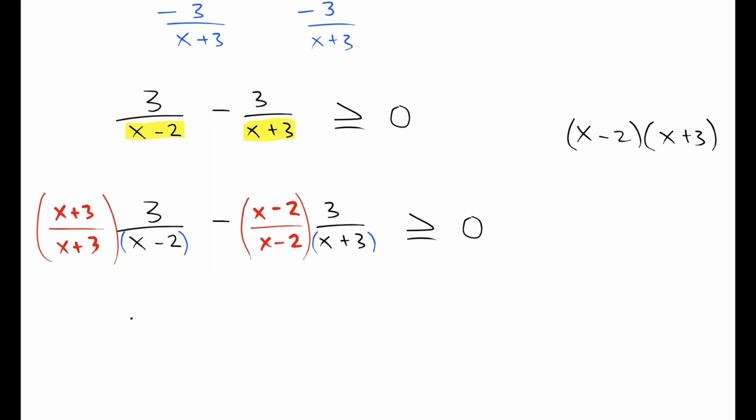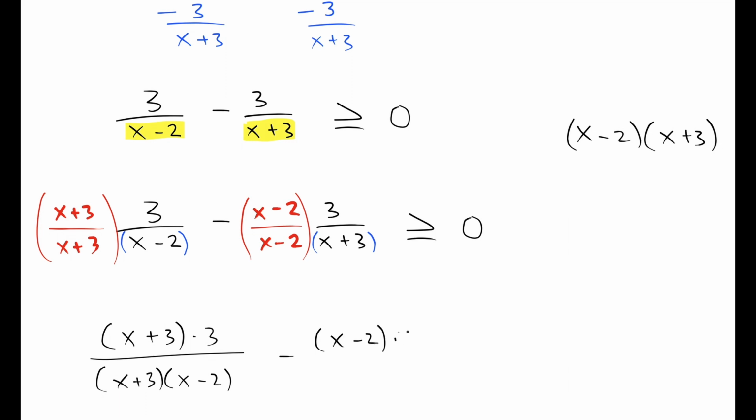So what are you going to end up with here? x plus 3 times 3 over x plus 3 times x minus 2, and x minus 2 times 3 over that same denominator of x minus 2 times x plus 3.